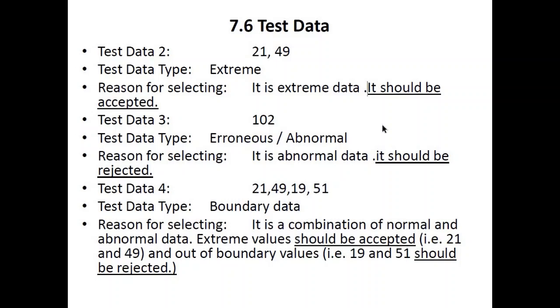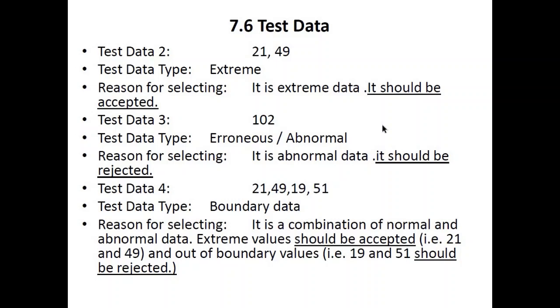Test data number 3 is 102, and this is erroneous or abnormal test data. It is out of range data. It is abnormal data. It should be rejected at all cost. Test data 4 would be the boundary data, and this is going to consist of two sets, 19 and 21, or 20 and 21, and similarly 49 and 50, or 49 and 51.